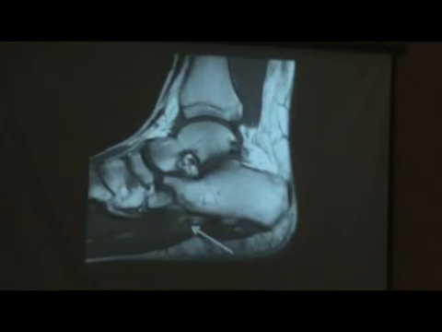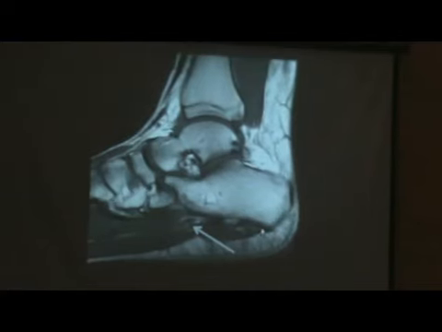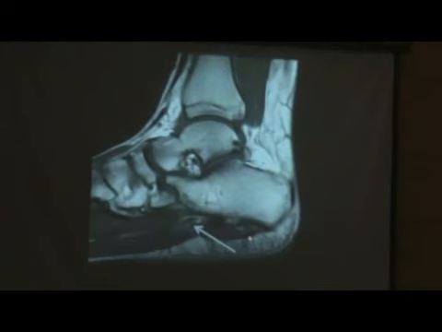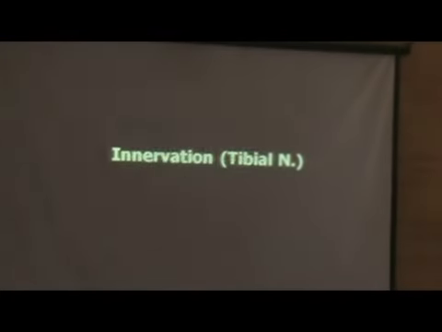I did not point with an arrow, but this is also a very interesting site because the inferior calcaneal nerve, or the Baxter nerve, is exactly at this site, in the inferior aspect of the posterior calcaneal tuberosity. This is a potential site of entrapment as well.